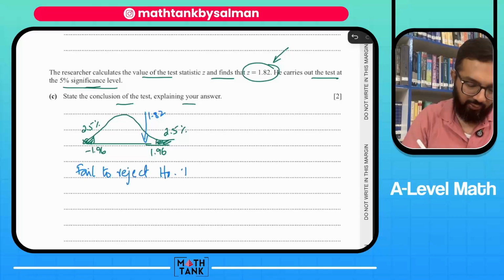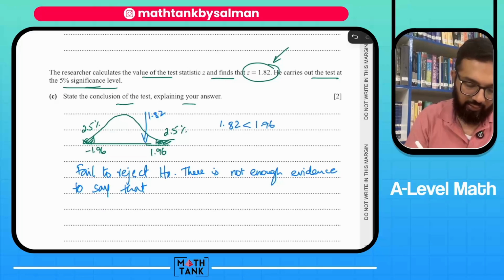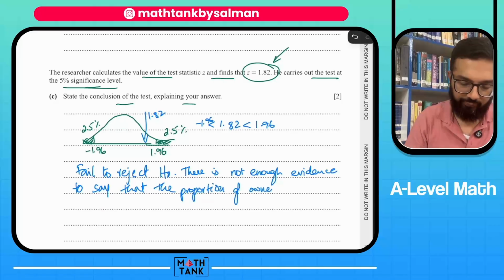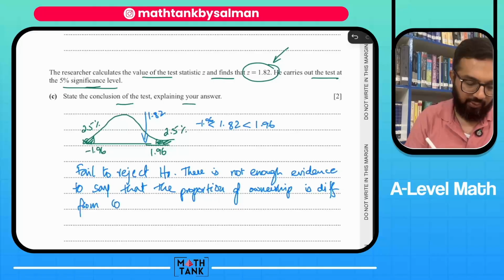H naught, there is not enough evidence to say that the proportion of ownership is different from 10.1%.